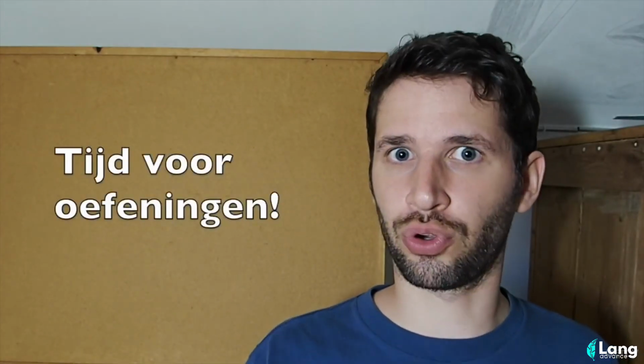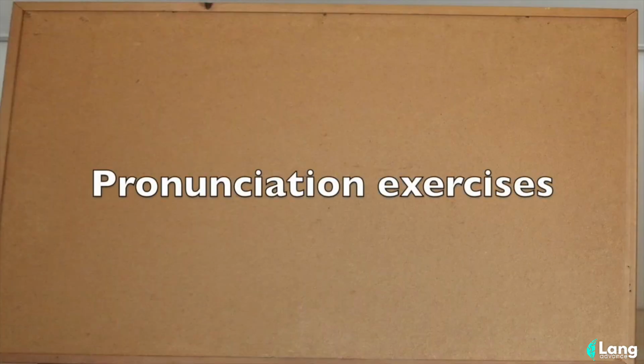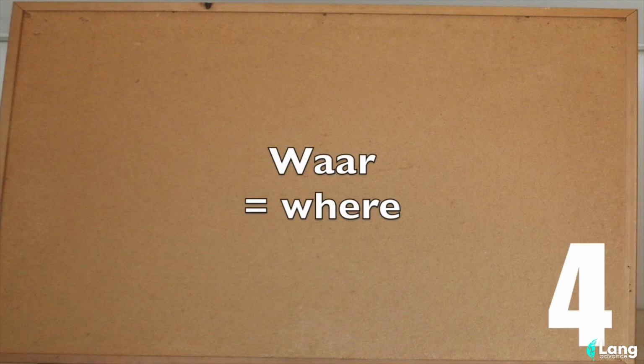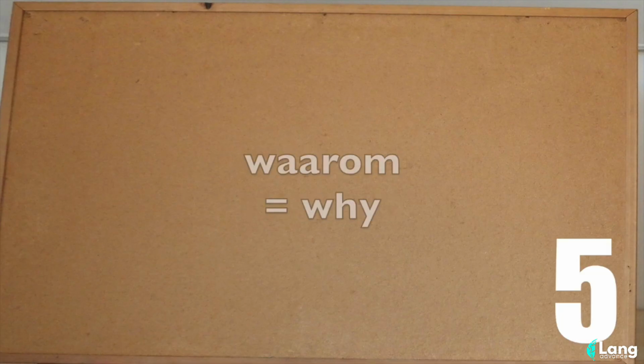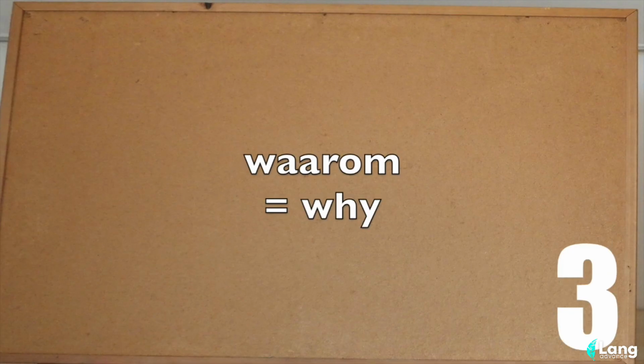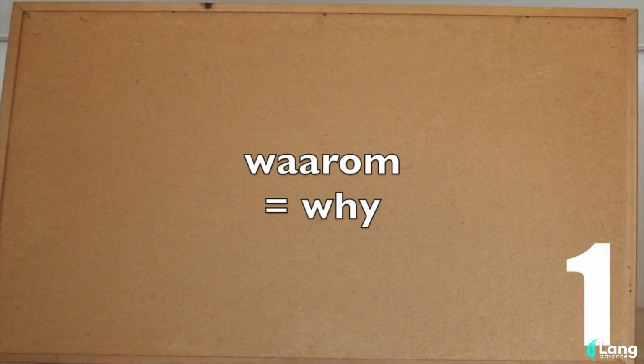Now, tijd voor oefeningen. Let's make some pronunciation exercises. We have seen a lot of vocabulary, so brace yourself for all this vocabulary. Let's start with this one. Waar means where. Waarom means why.